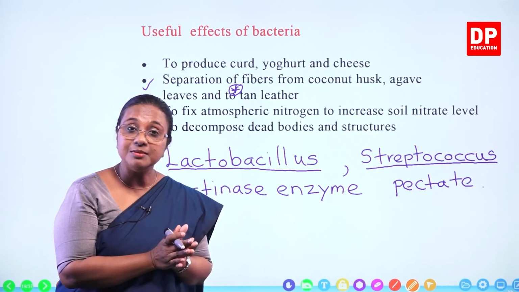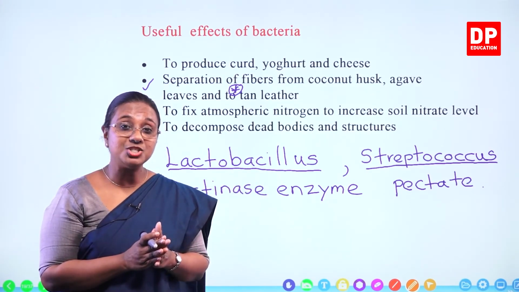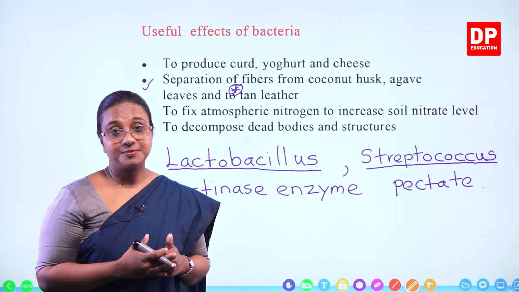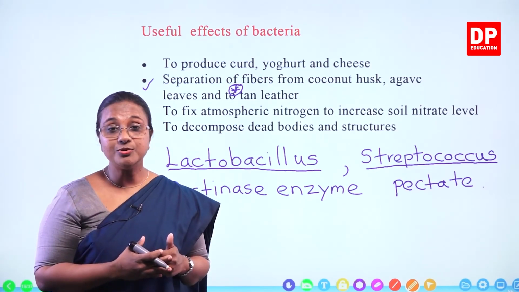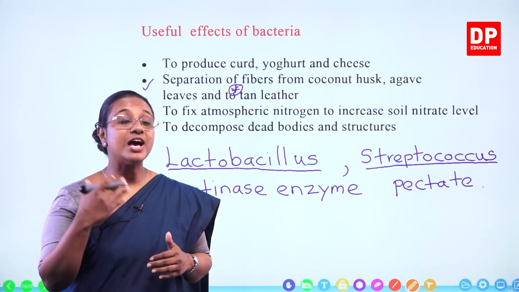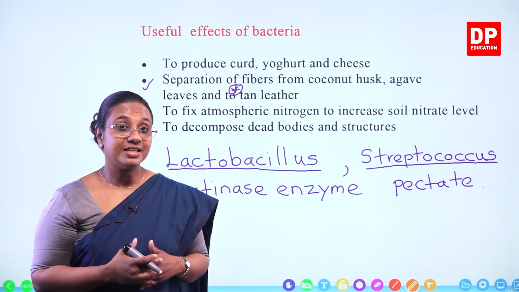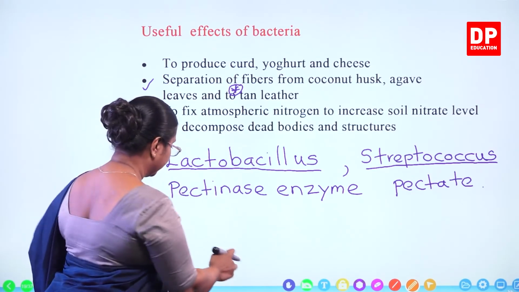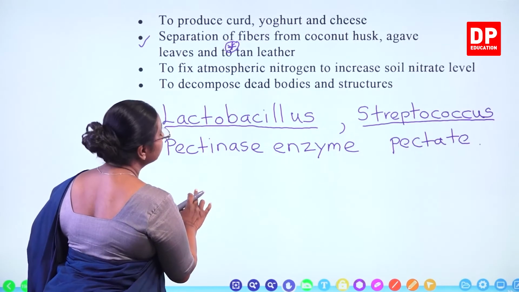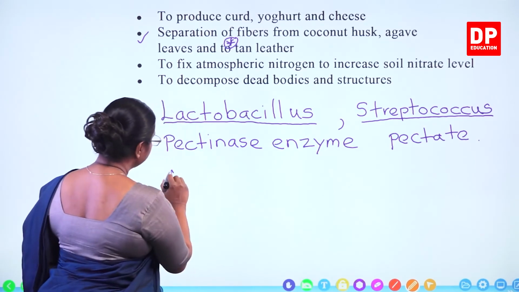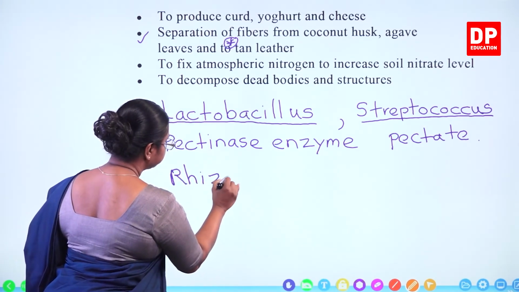Some are symbiotic bacteria. Earlier also I mentioned in the legume plants there are the root nodules. In that root nodules, there is a bacteria that lives symbiotically. What is it? Rhizobium bacteria. So you can remember the name, students.